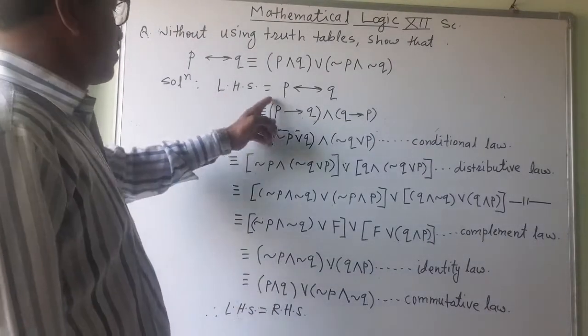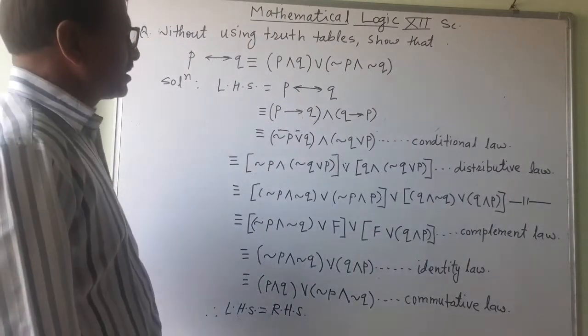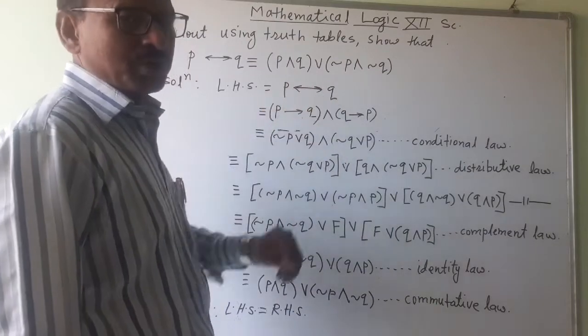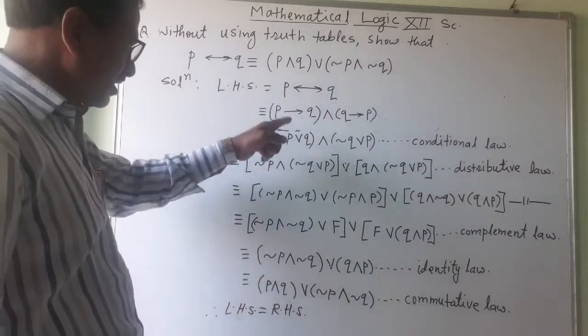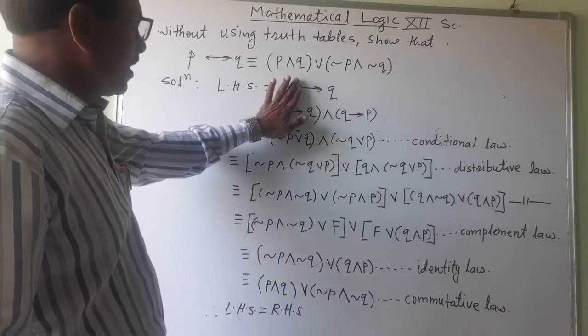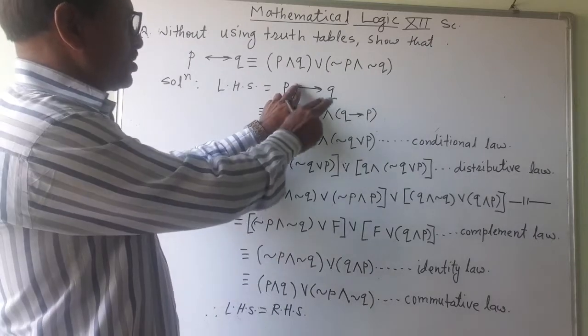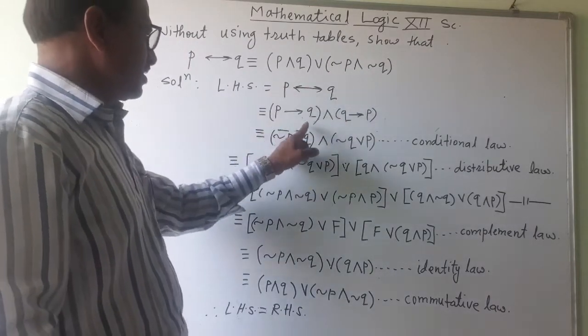LHS is equal to P double implication Q. What is the meaning of this? P implies Q, Q implies P. Double implication, P double implication Q, means P implies Q and Q implies P. That is what I have written. This is that statement.